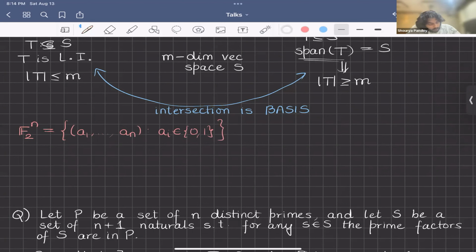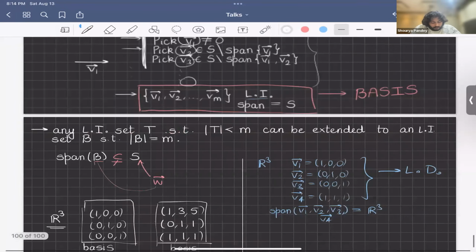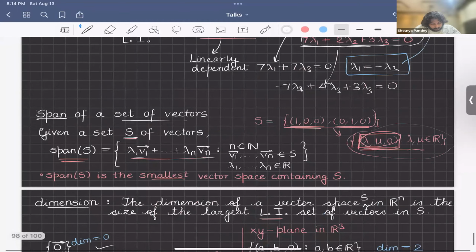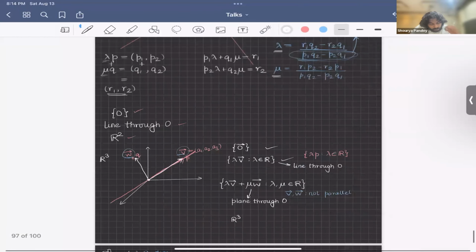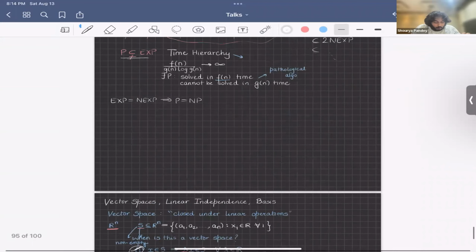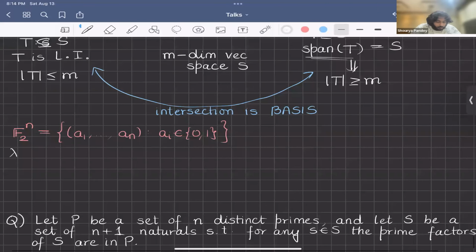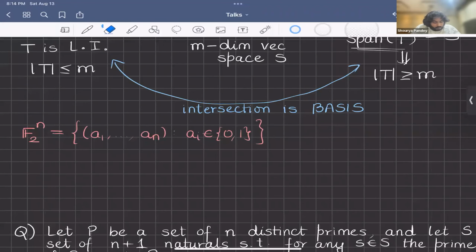By the way, the definition allows lambda to be any real; this time lambda is only allowed to be 0 or 1. So the scalar multiples are only 0, 1. And this is my entire space.